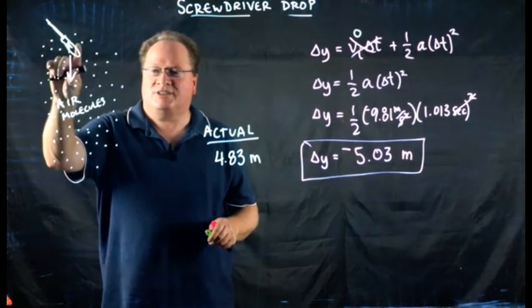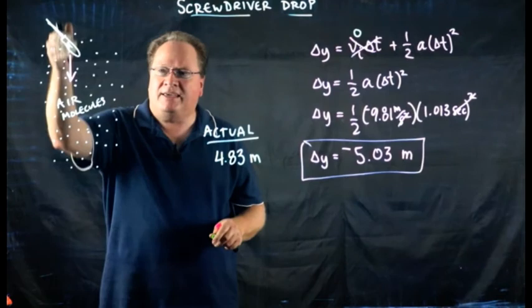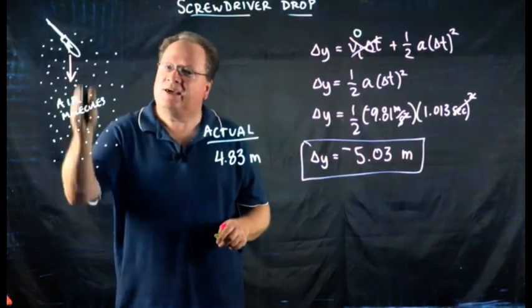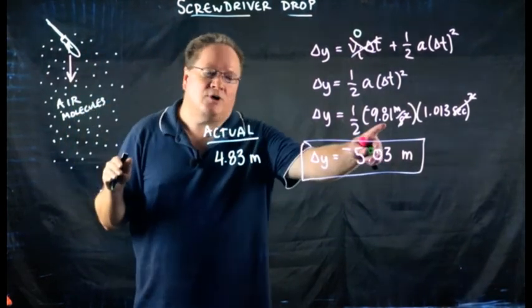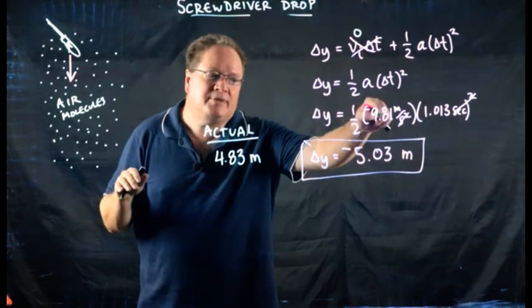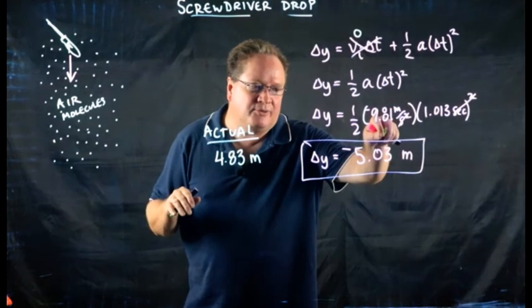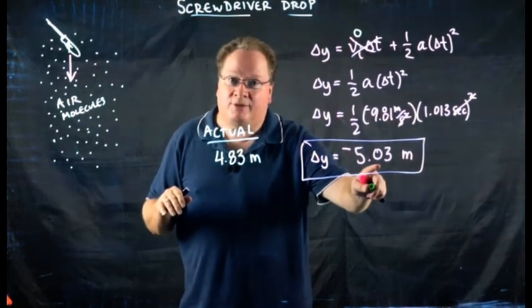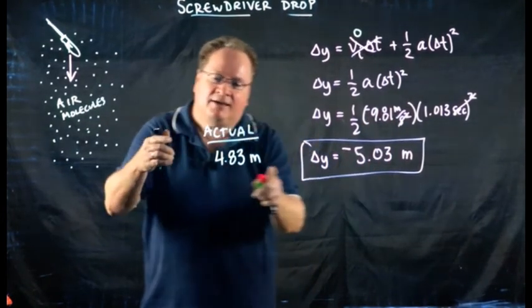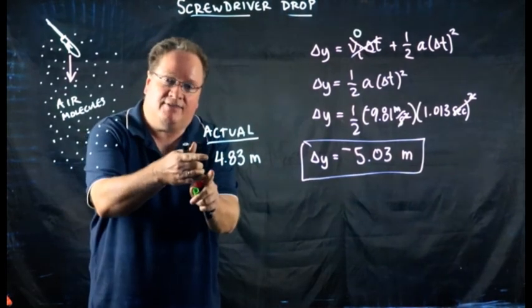Not a lot, just a little bit. But what will that mean about the rate at which it accelerates? It won't accelerate as fast as what we wrote here. This number here would be a little bit lower. And if that number was a little bit lower, this number would be a little bit lower. Maybe giving you an answer that looks like this.